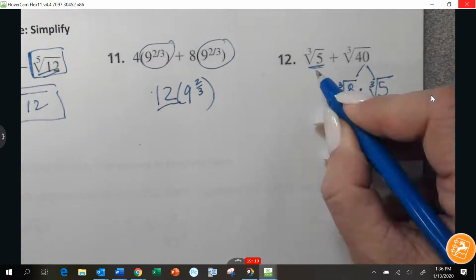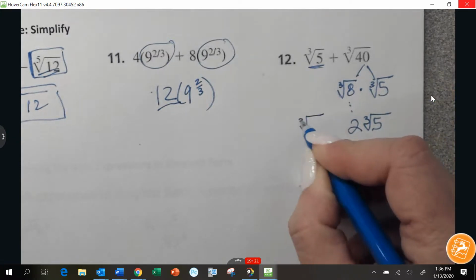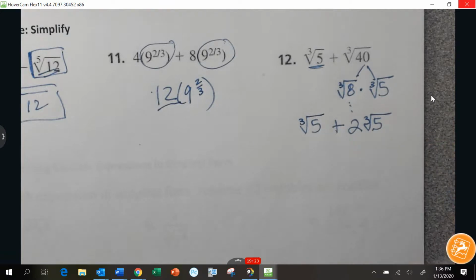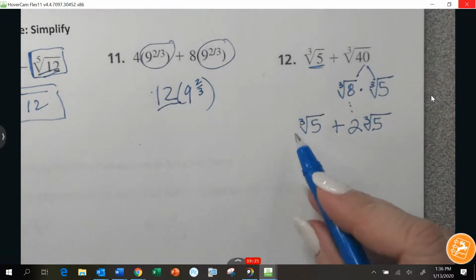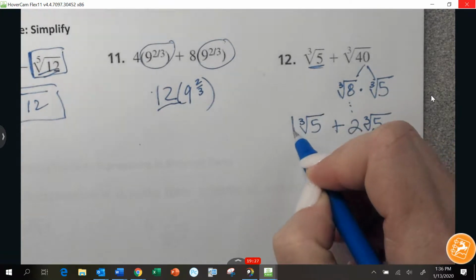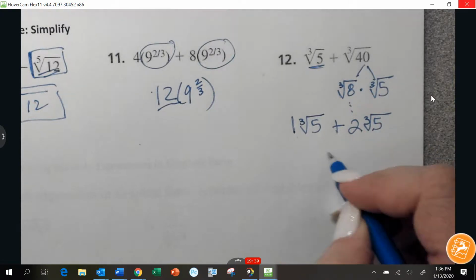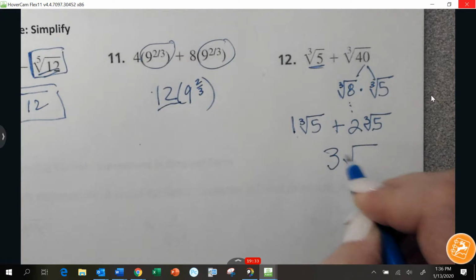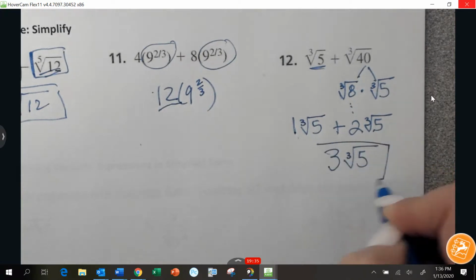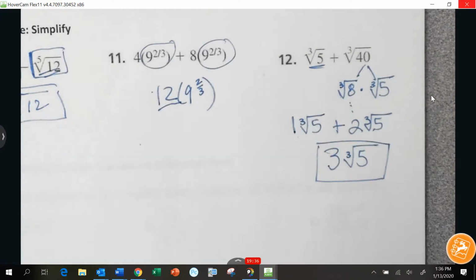And then the first one is still just cube root of 5. So I'm thinking, how many are in this first one? 1. It's not written there, but we assume there's 1. Right, so we get 3 total cube root of 5s. So the coefficient is telling us how many cube root of 5s we have.